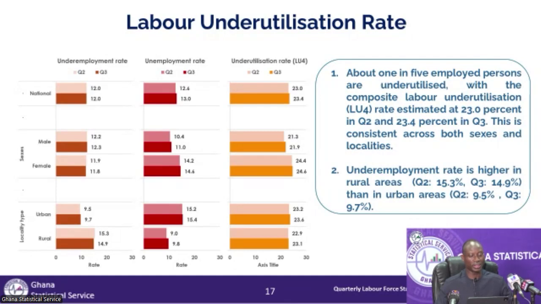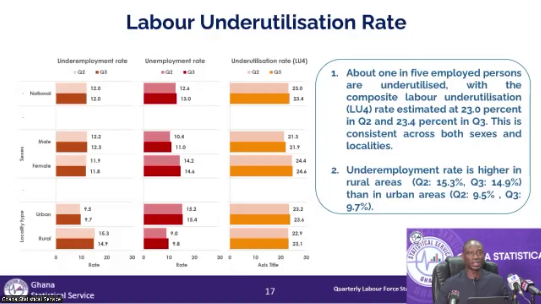The composite underutilization rate was 23% in Q2 of 2025 and 23.4% in Q3 of 2025. Underemployment was higher in rural areas. In fact, in Q3 it was 14.9% than in urban areas, where we recorded underemployment of 9.7%, likely reflecting seasonal and informal work patterns.